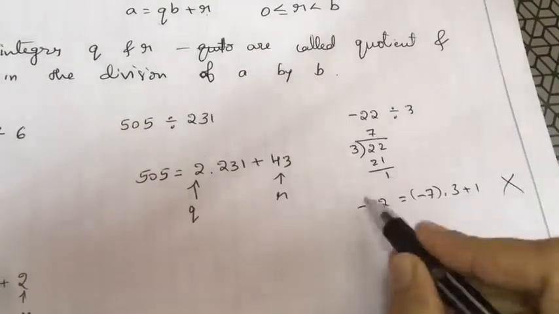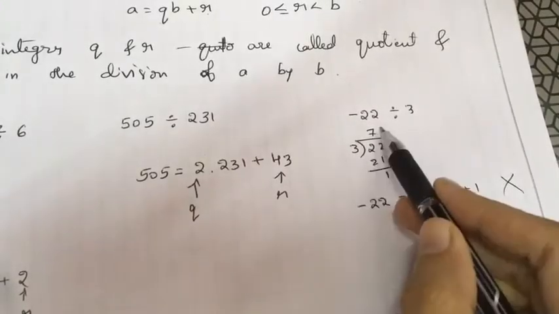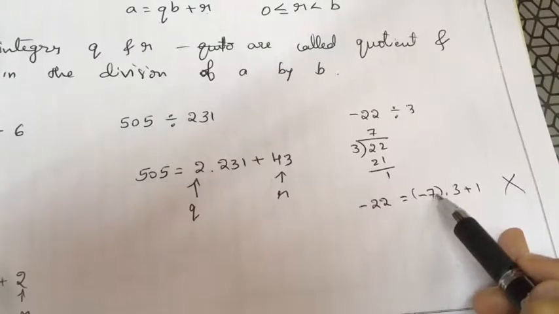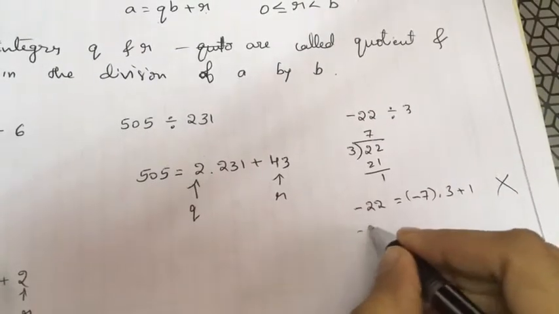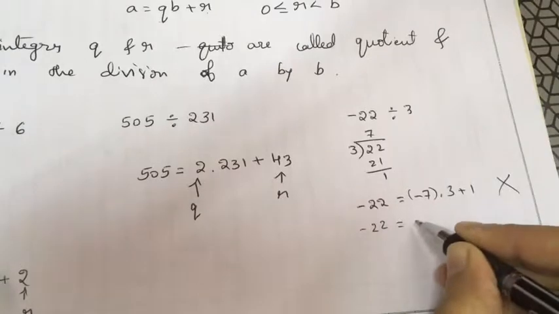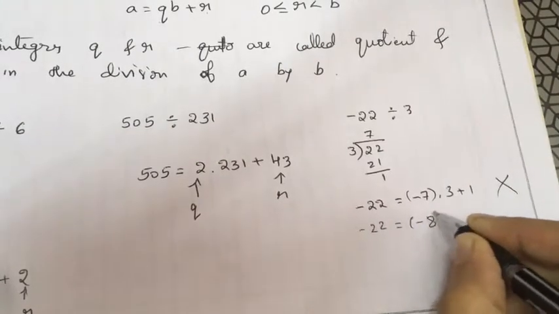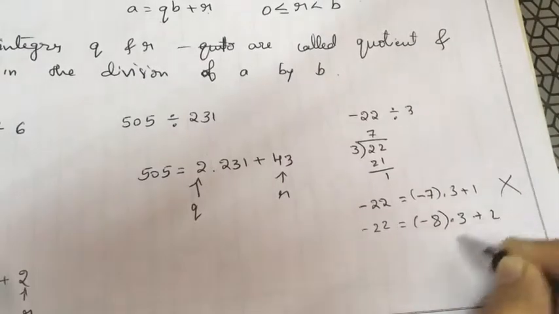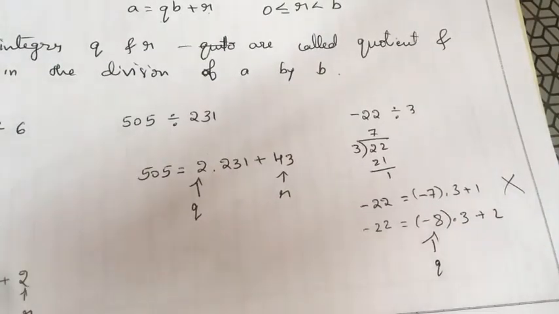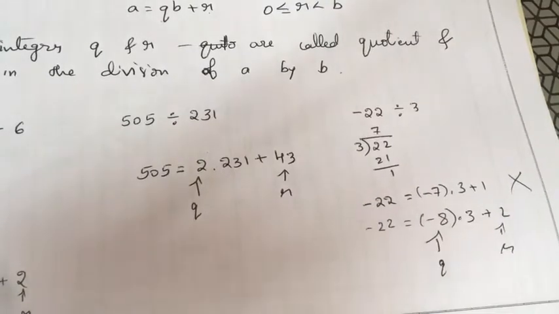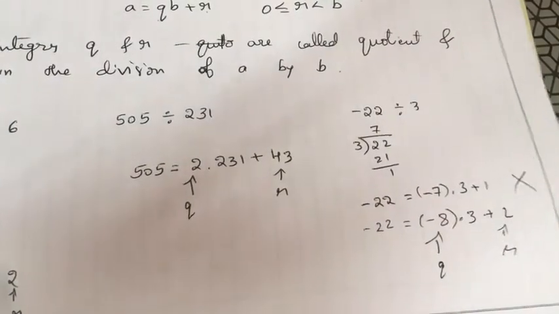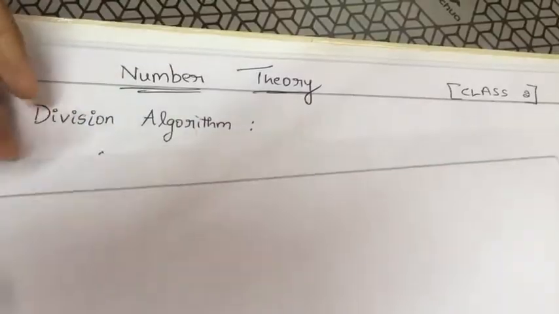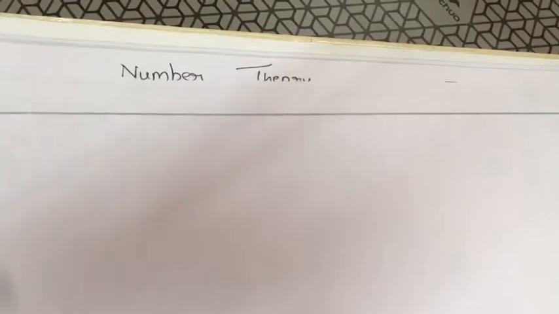You cannot just take the positive number, do long division and attach a negative sign to the quotient; it won't work. So you should write it like this: minus 22 equals minus 8 into 3 plus 2. Now this is my quotient and this is the remainder. We all have done this method of division, called the process of long division, which is nothing but the division algorithm.